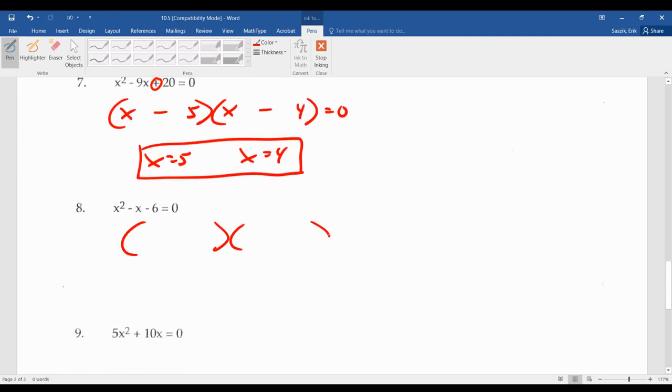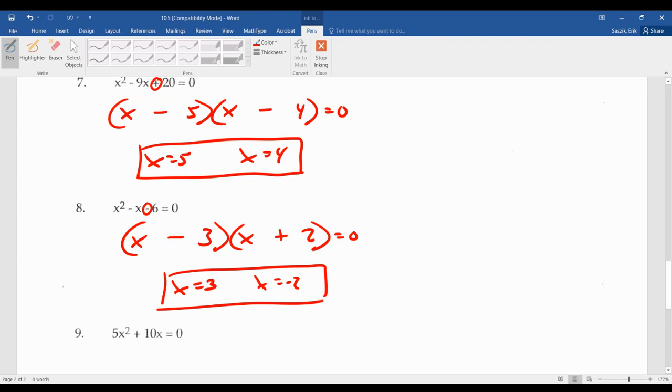No GCF again. I'm going to use 3 and 2. This says signs are different, and that one says make the bigger one negative. If you do a factoring check, it is correct.